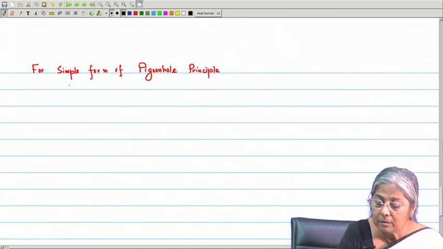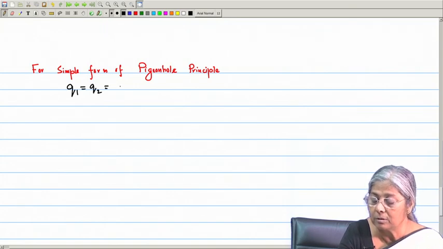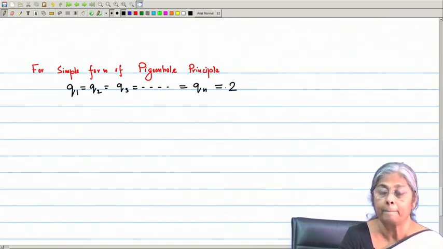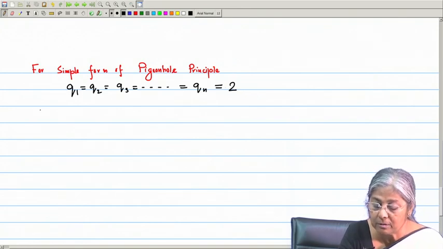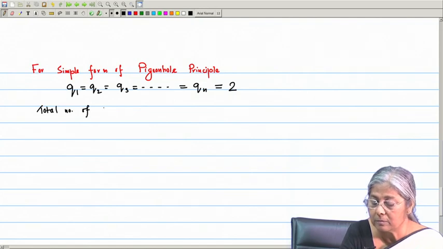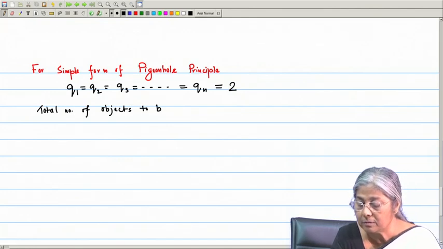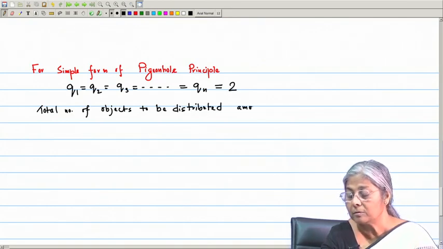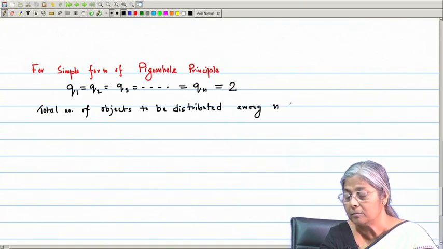say if we put q1 equal to q2 equal to q3 equal to qn equal to 2, then what is the total number of objects to be distributed among n boxes?